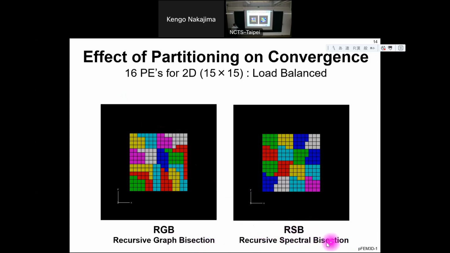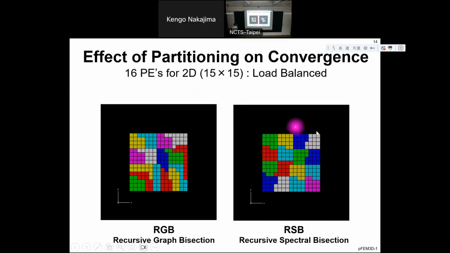I won't get into the details of the algorithms themselves, but if you compare these two partitionings, which one do you like? Which is more beautiful, or seems more efficient? Probably this one. Why does this one seem better? Because 16 means 4 by 4, and 15 is not divisible by 16 or 4, so it's a little bit complicated.